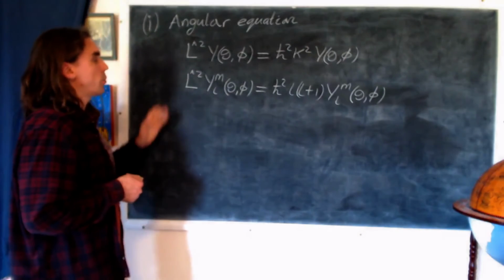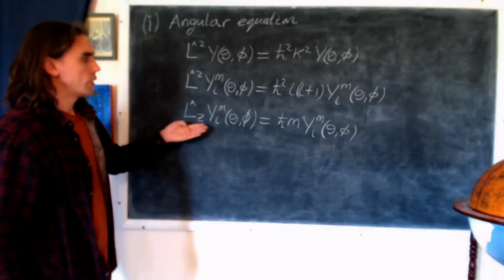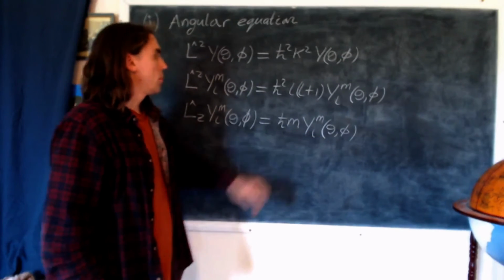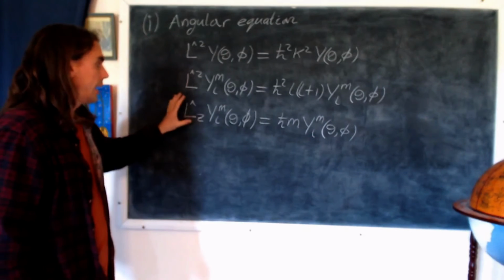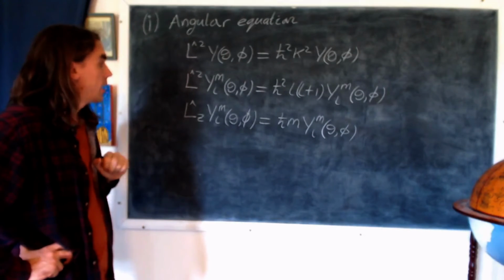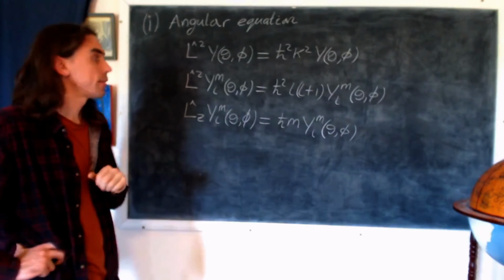And there's a second operator which commutes with L squared, which is Lz, returning the eigenvalues h bar m, multiplying the same. Of course, we could have used Lx or Ly in place of Lz, but Lz takes the simplest form in spherical polar coordinates, so it's convenient to work with.